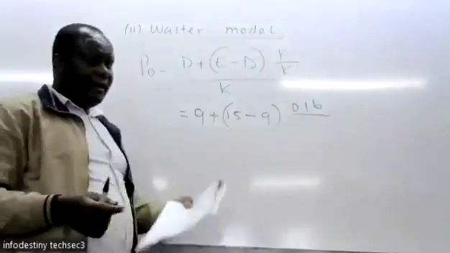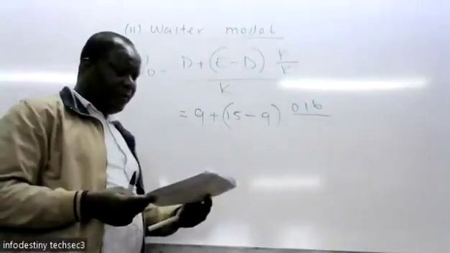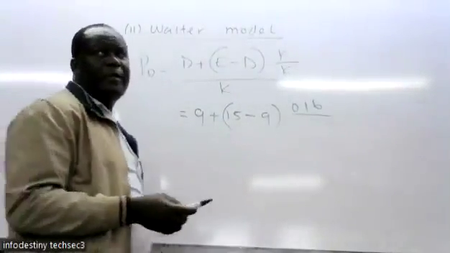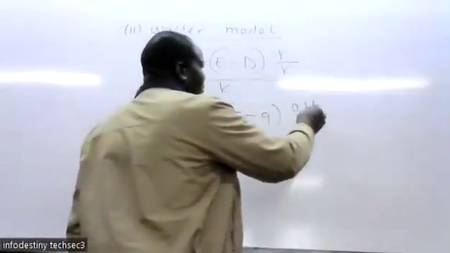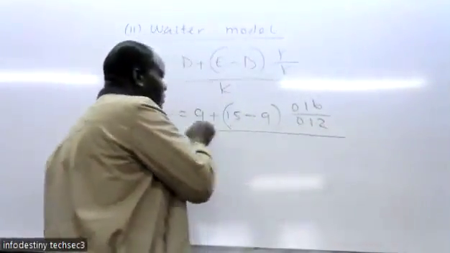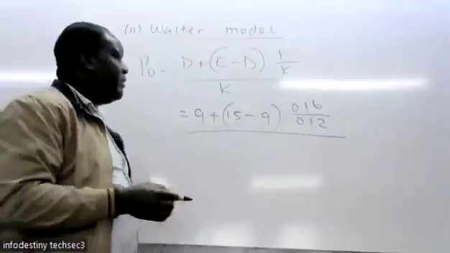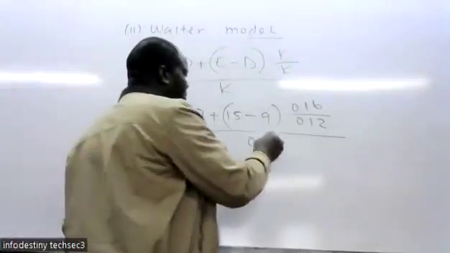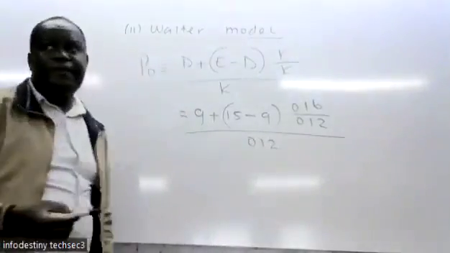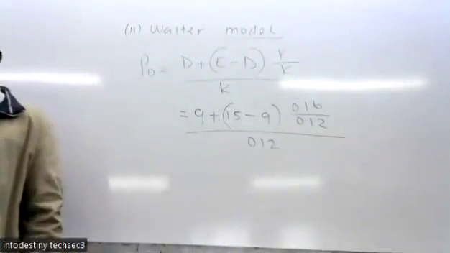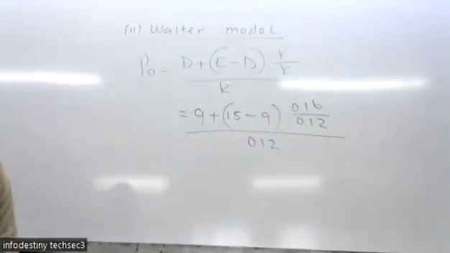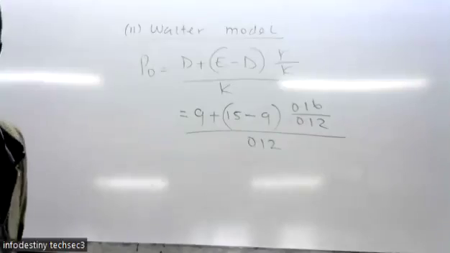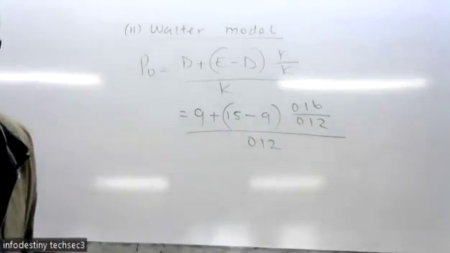K is the capitalization rate or cost of equity, which is 12%, that is 0.12. We also divide again by K, which is 0.12.